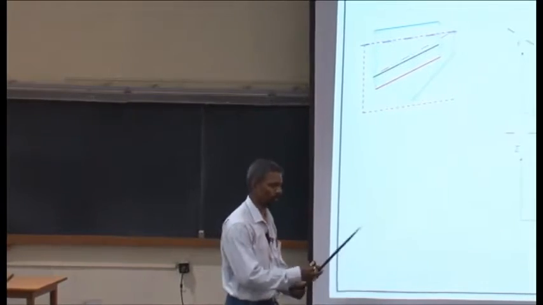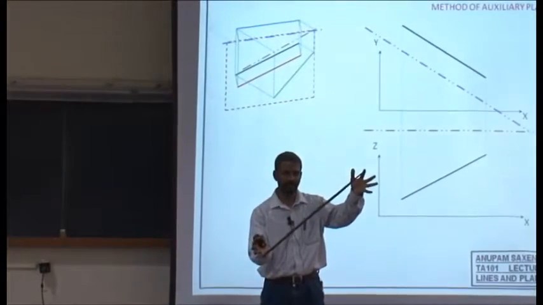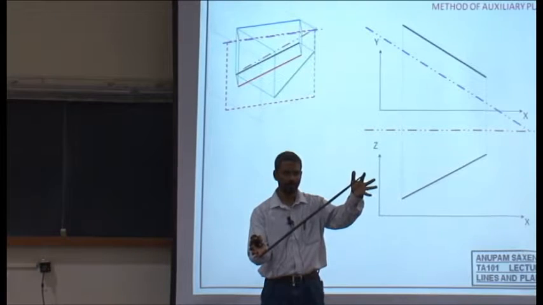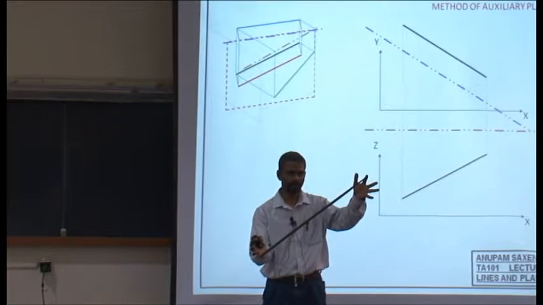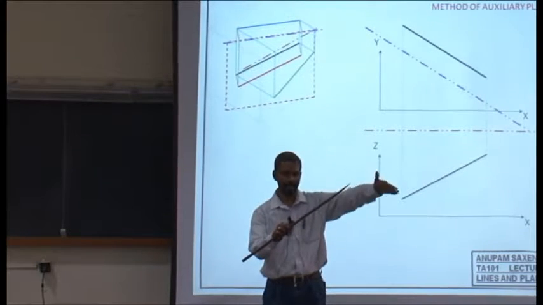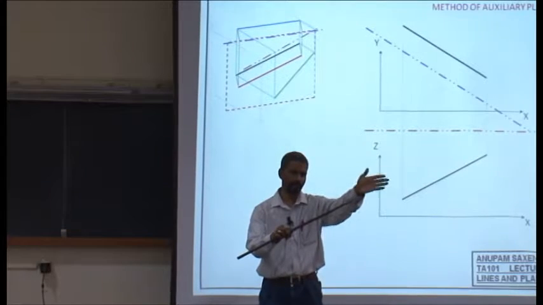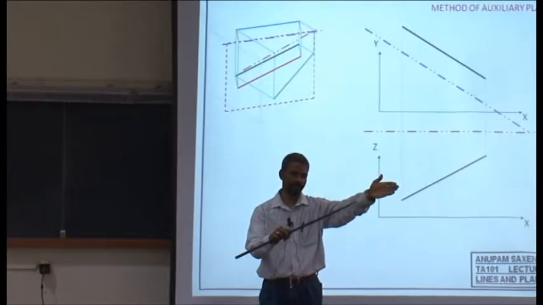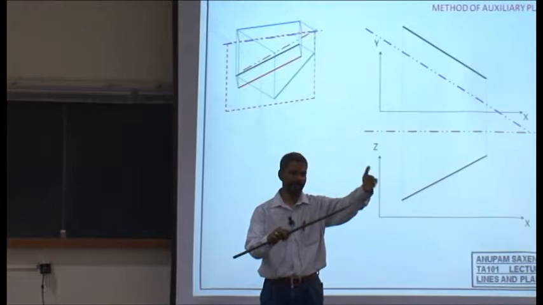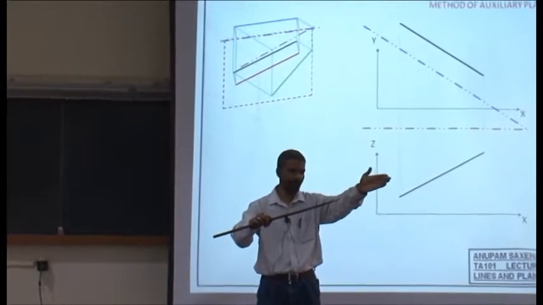Once you have this true length line over here, imagine that this is on the frontal plane. Now what? You're going to be looking at a plane which is perpendicular to this line, and then you're flipping that plane over. On this plane, you are going to see the point view of the line.